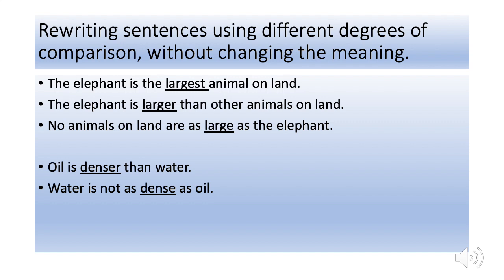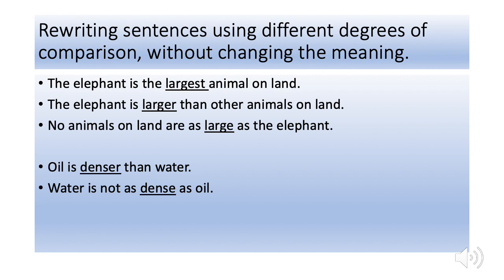Now, the same sentence can be rewritten using the positive degree of comparison. Again, use the word large, which is the simple form of the adjective. So, write that down and then frame the sentence in accordance with that, and it will naturally be a sentence that has a negative construct.